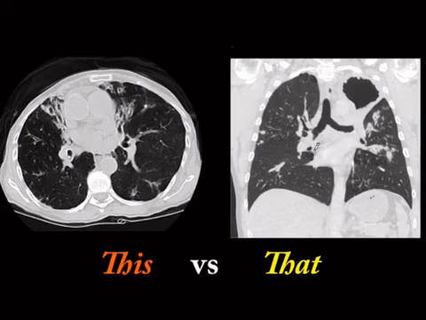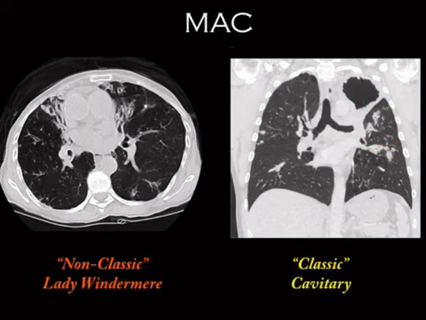Some more going on here, but all of this plus that. So these are both MAC cases, and it's two different presentations. One is the non-classic, or the Lady Windermere, versus the classic, or the cavitary type.